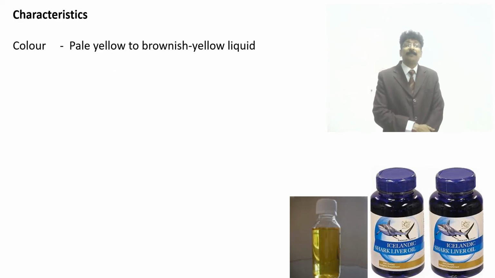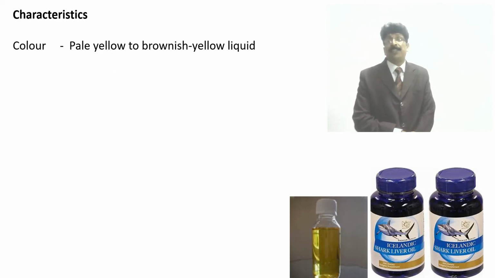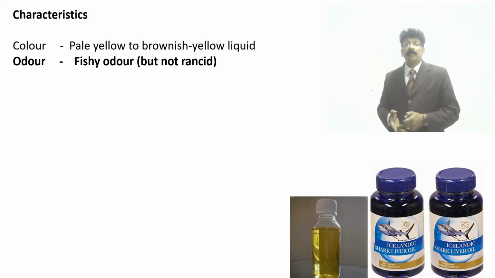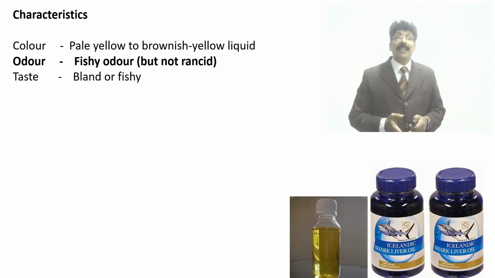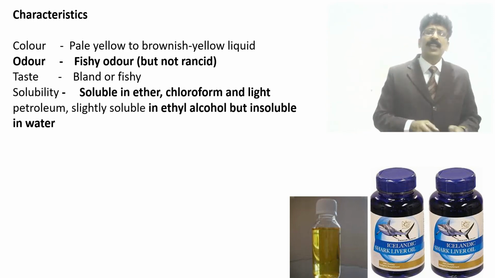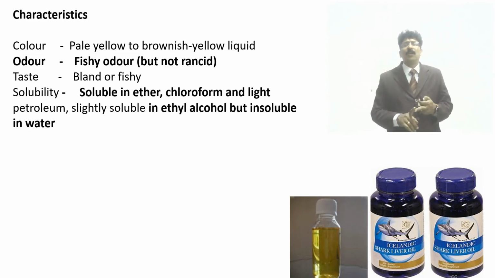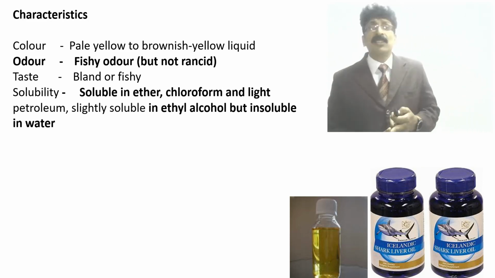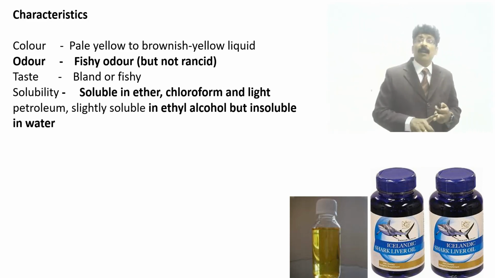Characteristics: color pale yellow to brownish yellow. Odor: fishy, but not rancid. Taste: bland or fishy. Solubility: soluble in ether, chloroform and light petroleum, slightly soluble in ethyl alcohol but insoluble in water.